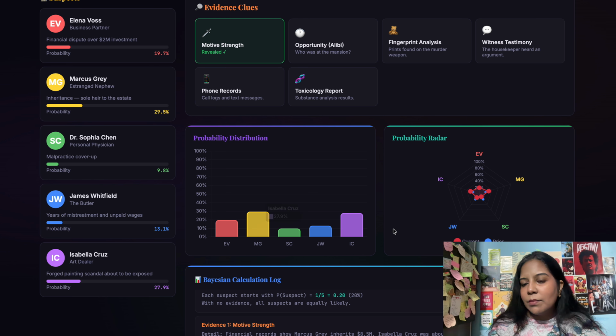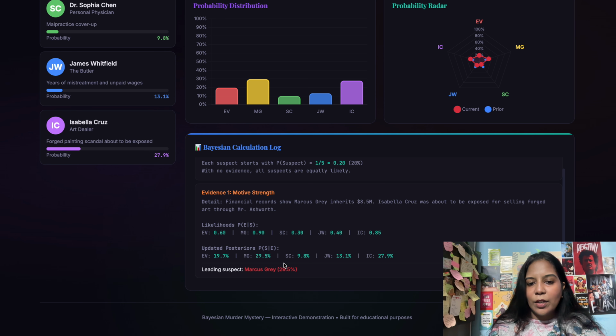So this is a little bit extended when we see the distribution. And Dr. Sophia, this woman, had a very low percentage of committing this murder. And you see, malpractice cover-up is not adding up much when we see the calculation compared to other things.